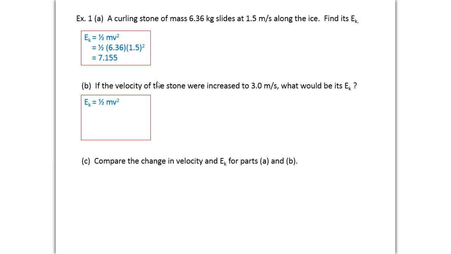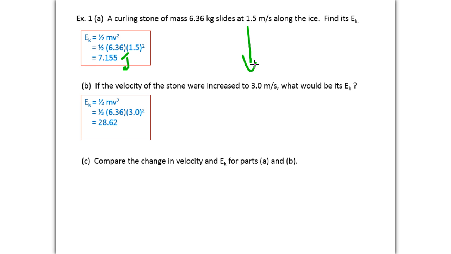And if the velocity were increased to 3 meters per second, what would be its kinetic energy? So just between the two questions, if we double the velocity, what happens to the amount of kinetic energy? Now, okay, that's joules.